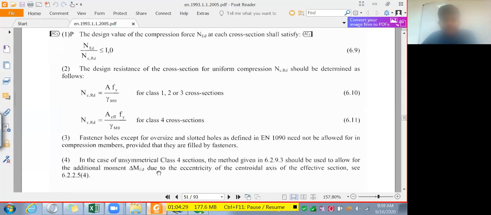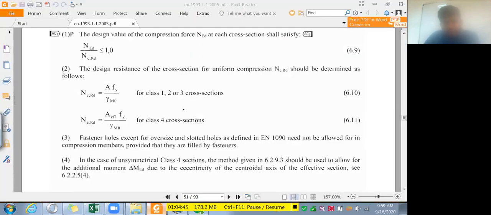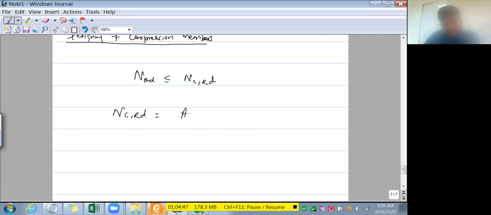So NCRD is equal to A into Fy over gamma M0 for classes 1, 2, and 3.